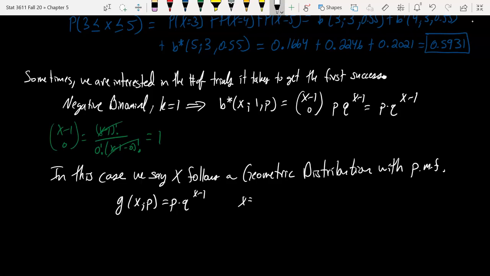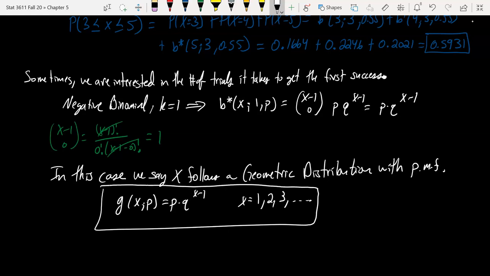And since you're only looking at one success, this could happen on the first trial, second trial, third trial, and so on.